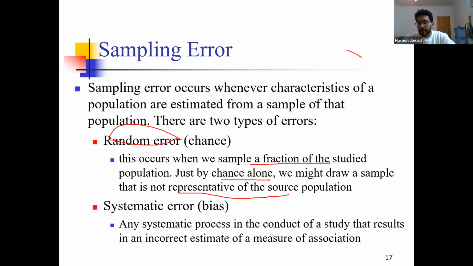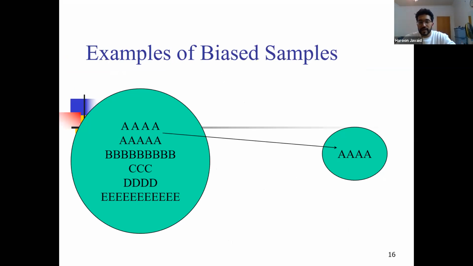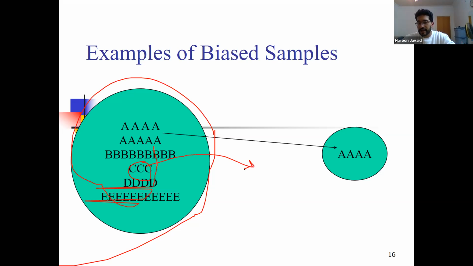For example, let's go to this example. We have this population over here, and we want to randomly select things from here. If we close our eyes or use a system generator and randomly select things from here, we may select 2 Cs or 3 Cs. It's completely based on chance.